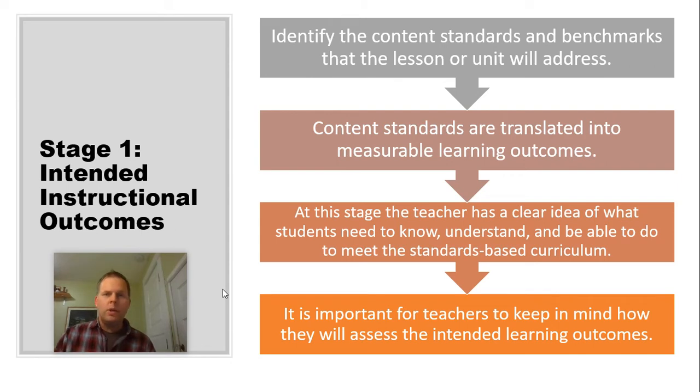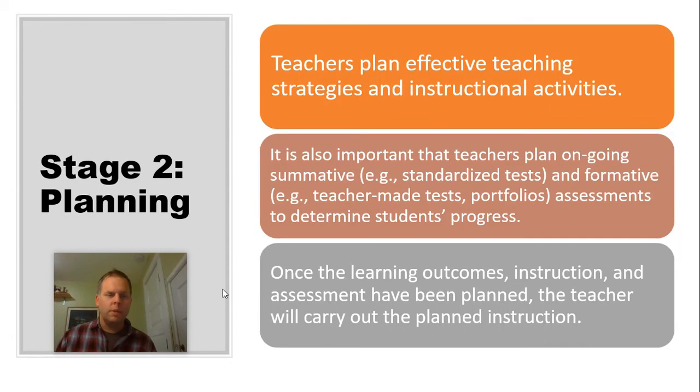So once they know what direction they want to go, step 2 goes into the deeper planning. This is where it really gets into diving into what instructional modalities or activities and strategies teachers should use. This is where, in the planning towards those intended outcomes from stage 1, you really start thinking about how are we going to measure if we've reached success.